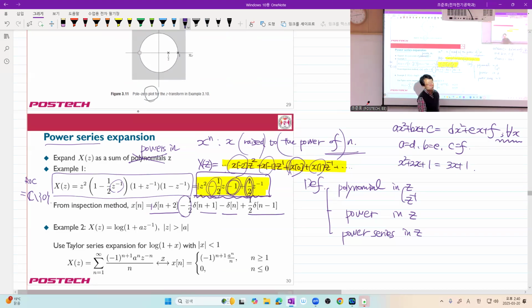Got it? So in this case, how many equalities do you have when you compare this one and that one? Uncountably infinite, because the set of complex numbers except the origin has uncountably infinite complex numbers. So you can just directly match the coefficients. Done. Got it?